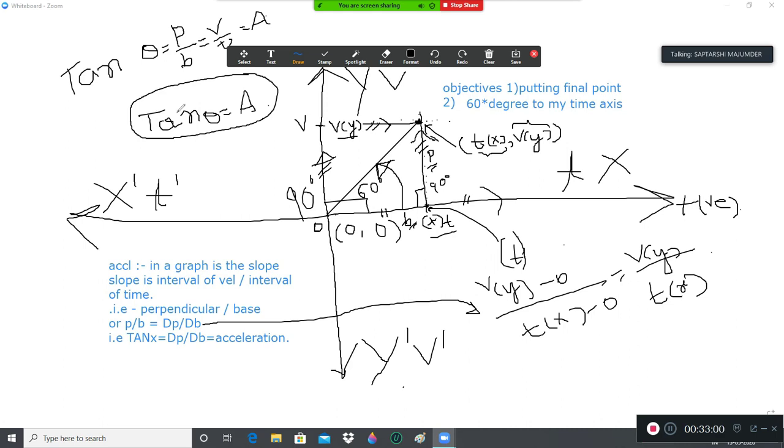So tan theta is nothing but acceleration. In this graph, tan theta is tan 60 degrees. So I can say theta is nothing but this angle. I have already said that theta is described in this form.